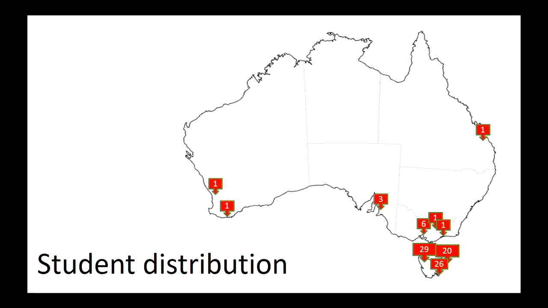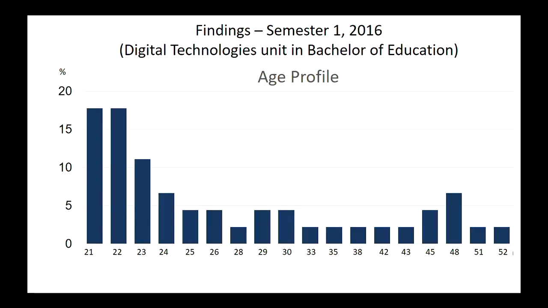And also, we do find that our student cohort has some quite interesting demographics. Here's an age profile, and that profile on the bottom is not a linear scale. You'll see that the students at 21 and 22, the majority of them, and then it goes 23, 28, 29, all the way up to 52.